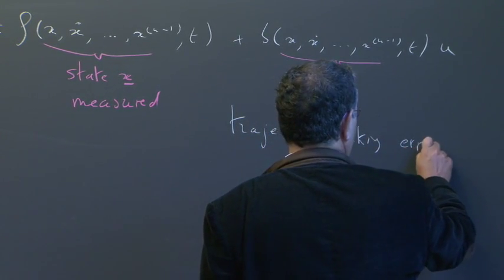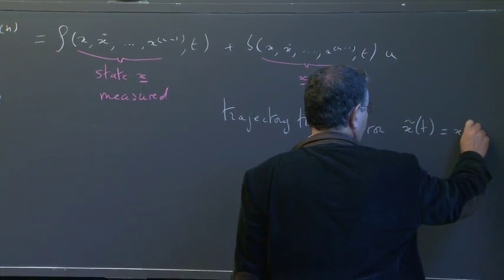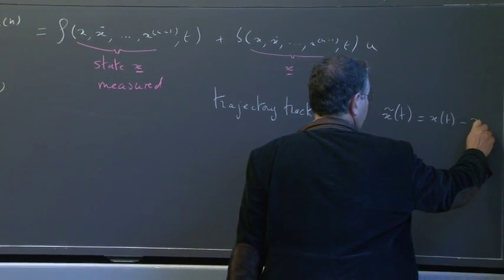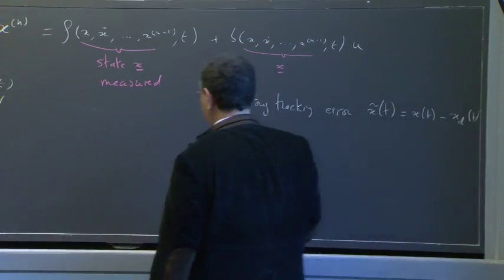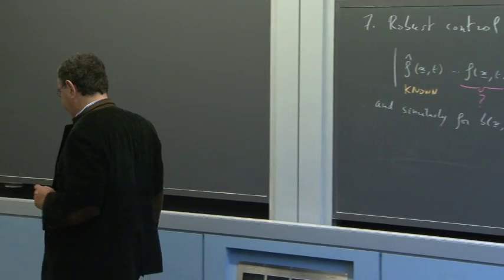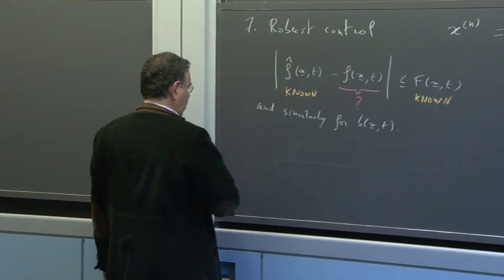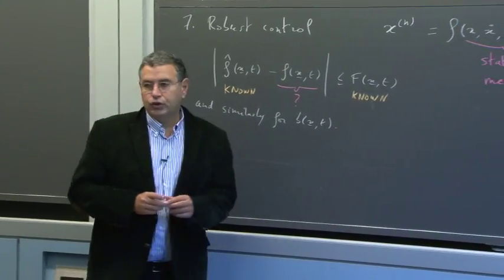And so the trajectory tracking error will be denoted by x tilde, and is the difference between the real thing and the desired thing. Okay, so that's where we are.